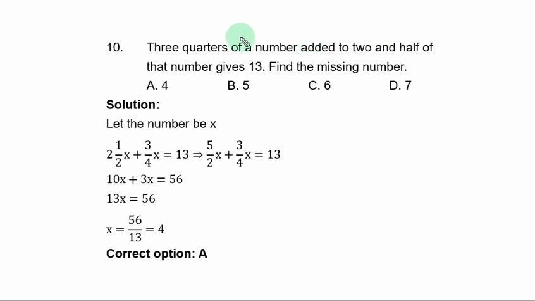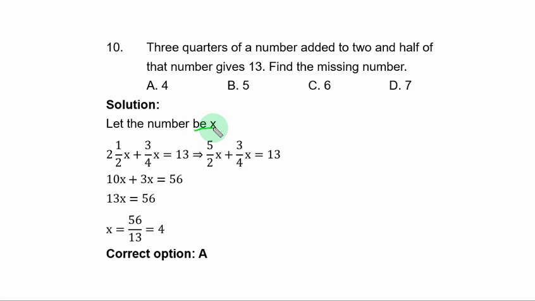Question 10. 3/4 of a number added to 2.5 of that number gives 13. Find the missing number. Let the number be s. From the question, 3/4 of s is added to 2.5 of s.